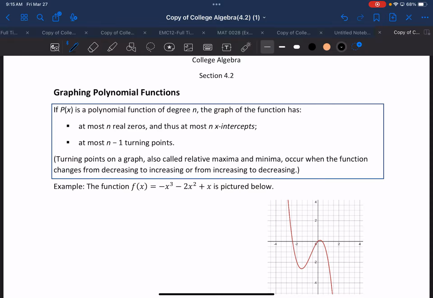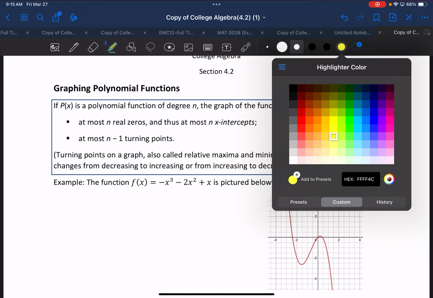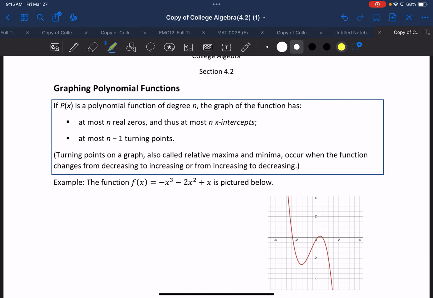Okay, but first, a few of your questions are going to be based on this first property that we're going to learn. This first property says that if p of x is a polynomial function of degree n, so remember degree means the highest exponent of the polynomial, so n will be the highest exponent, then the graph of the function has at most n real zeros.